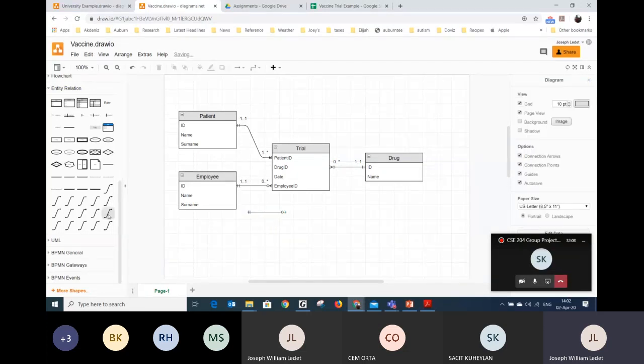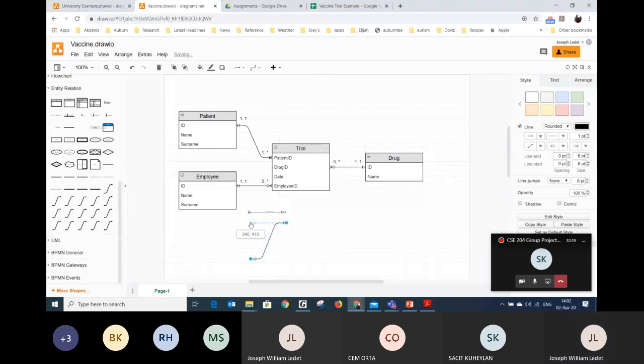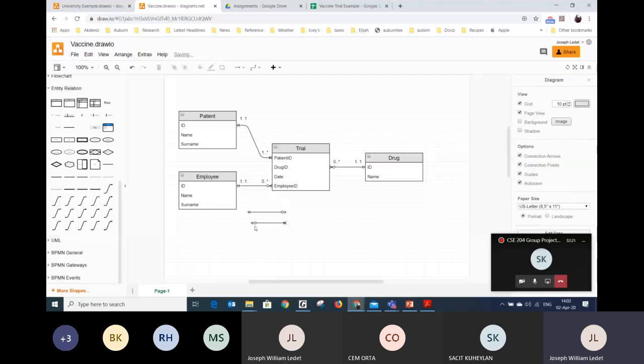What does that relationship mean? That one we have already. What does it mean if we have this type of relationship? A one-to-many relationship where it's optional on the one side, mandatory on the many side. These just mean different things. This means something different from this.